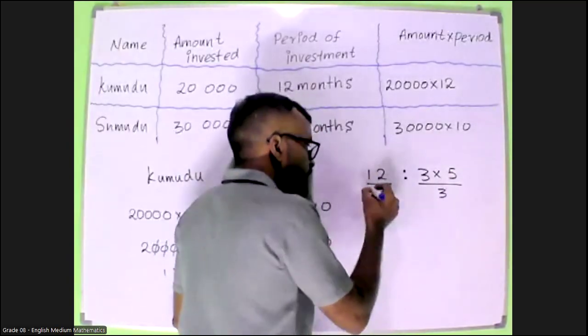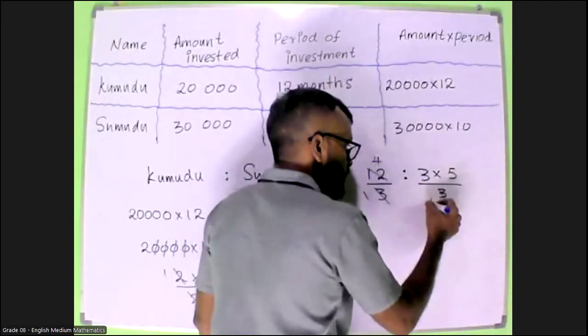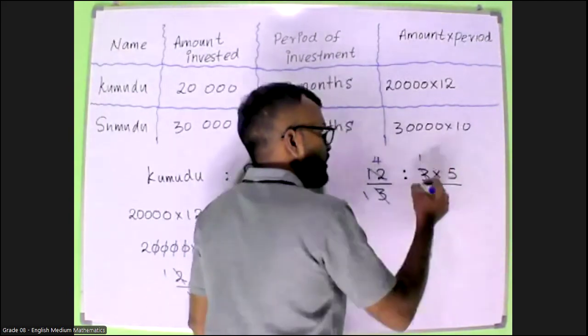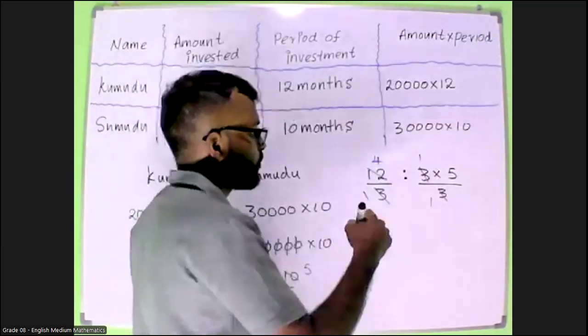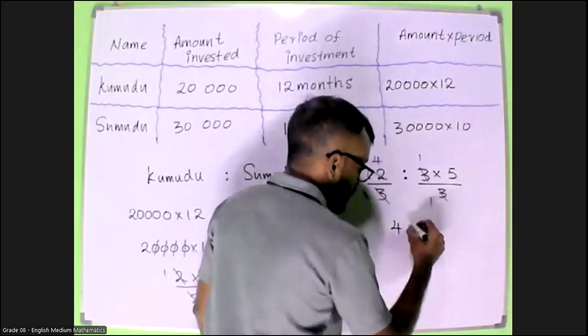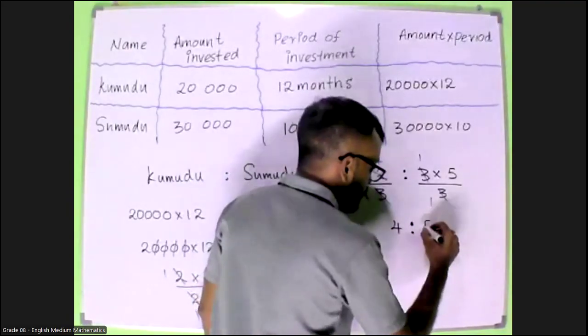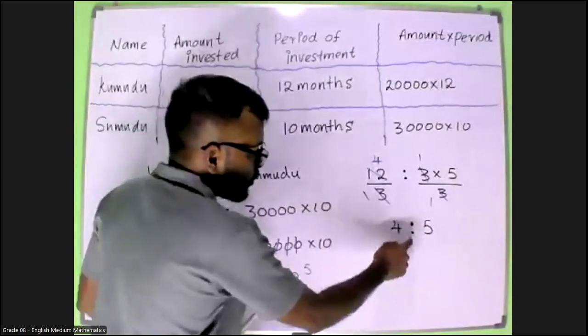3 times 1, 3 times 4. 3 times 1, 3 times 1. So what is the ratio? 4 to 5. So Kumudu to Sumudu is 4 to 5.